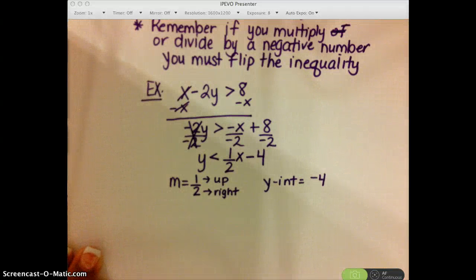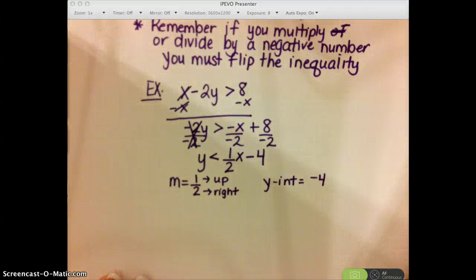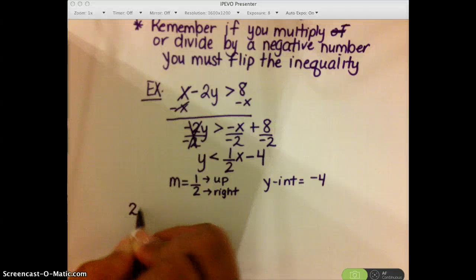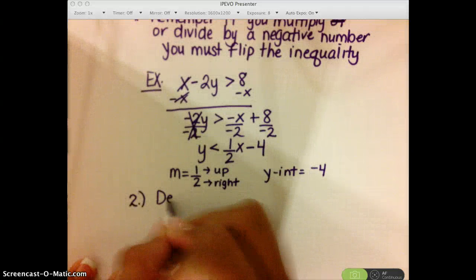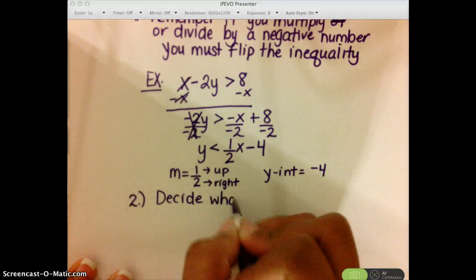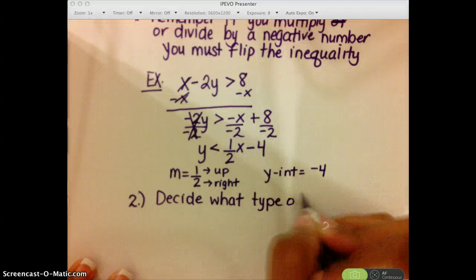Okay, so that's the first step to graphing your linear inequalities: put the inequality in slope-intercept form. So that's nothing new. Your second step is to decide what type of line we're going to use to connect these points.